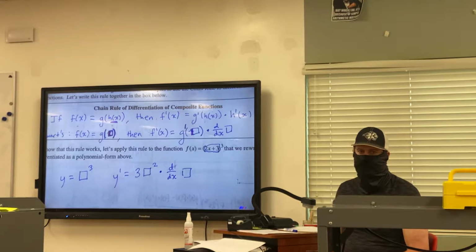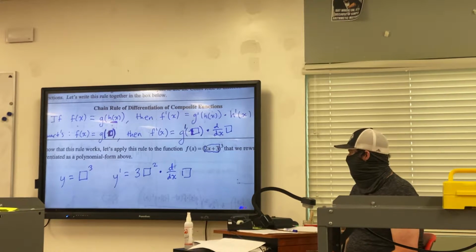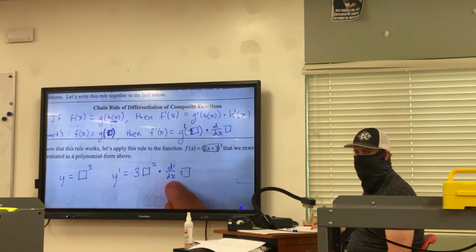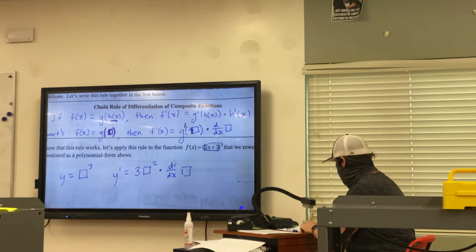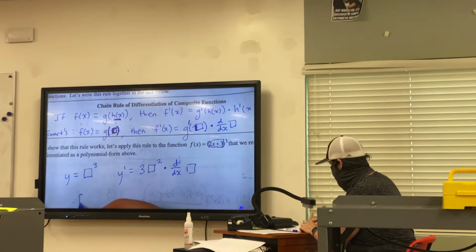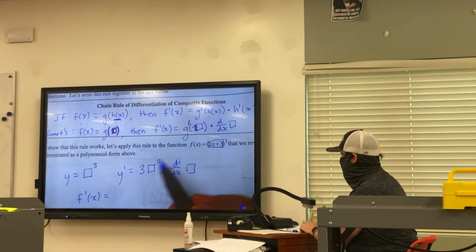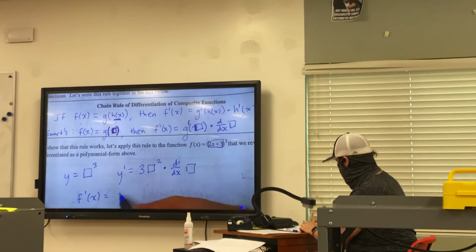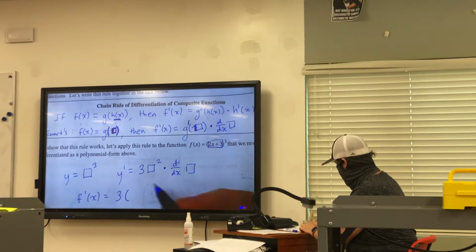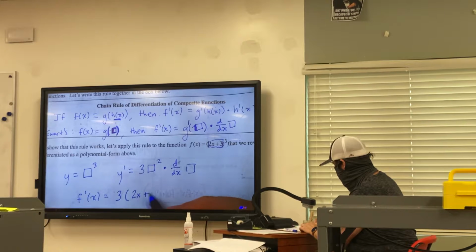And that's what chain rule is. We're going to have to start putting the d over dx. Now, you don't actually have to write the d over dx. That's just the notation if you were writing. What you really do is, in this case, that means f prime of x. So I do 3 and then the box squared. So 3, and then my inside is 2x plus 3 squared.